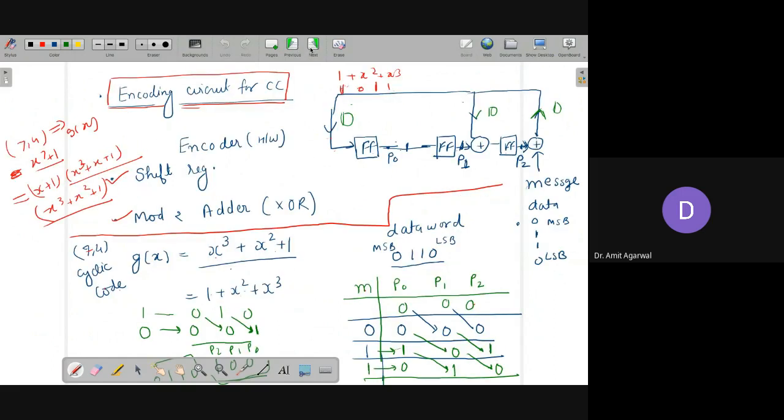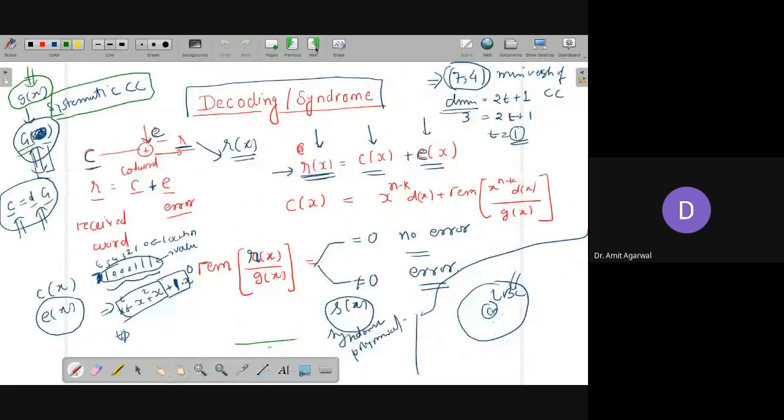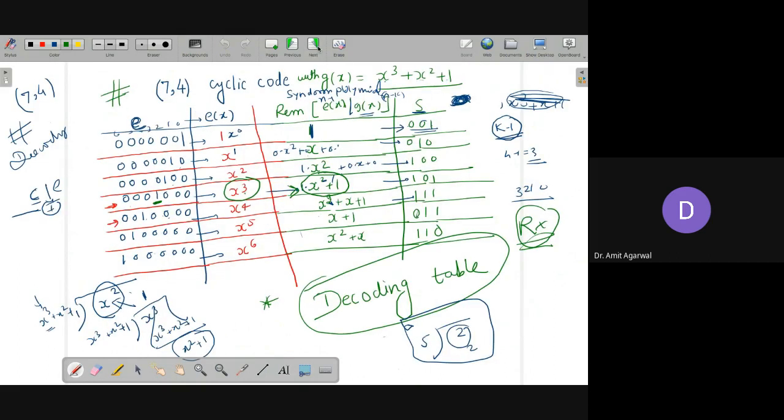Once we get G, we get the encoding table. This is the first step. Then we have studied the encoding circuitry, correct? Now we know how to decode. We receive some R and find the remainder, the syndrome polynomial, that is the remainder of R(x) by G(x). If it is 0, no error. If it is not 0, there is an error, and which bit is in error we find using the decoding table. The formation of the decoding table I have already discussed.